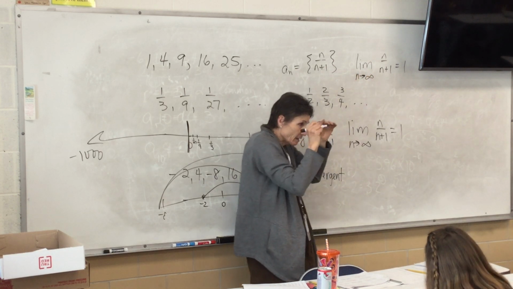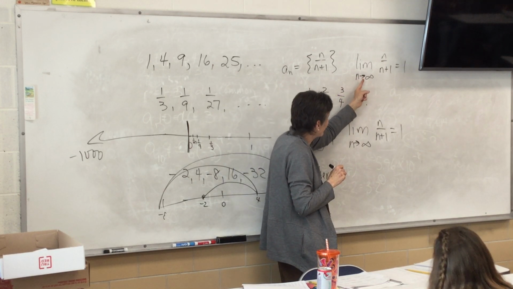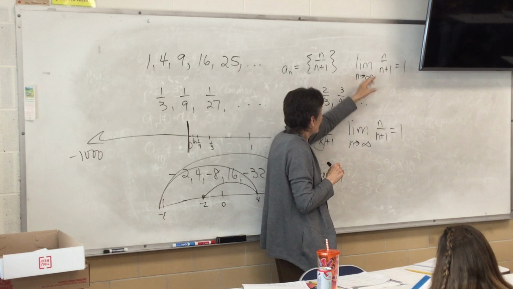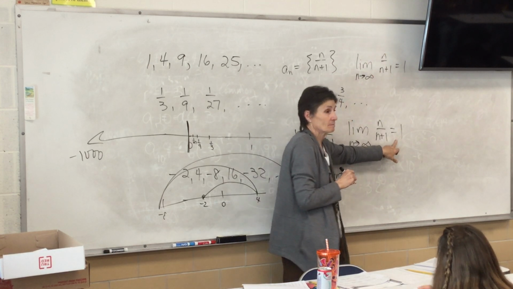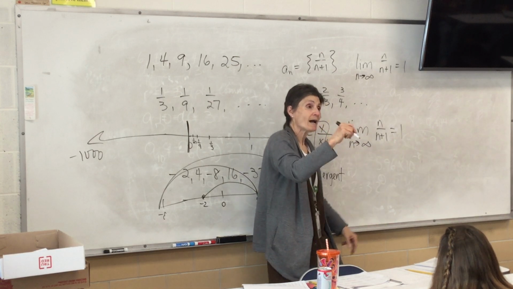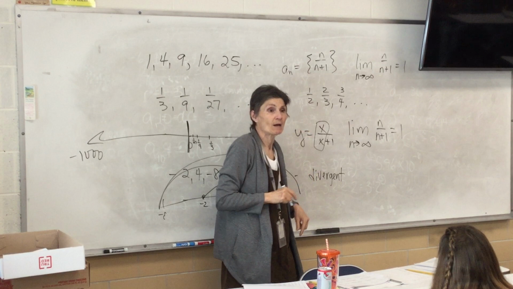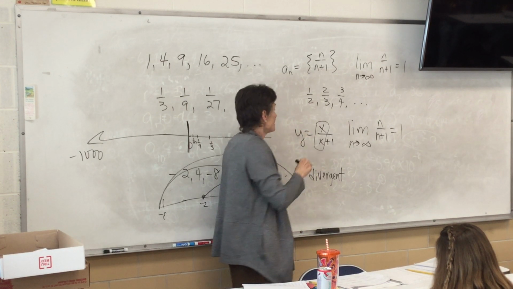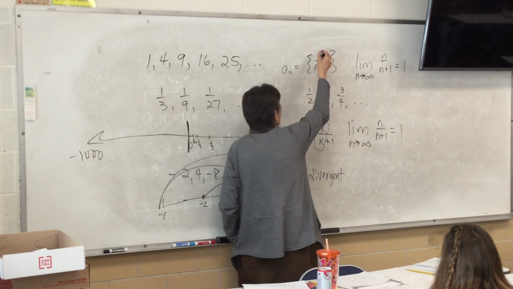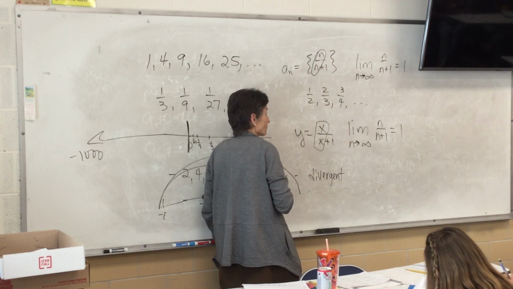Underneath the LIM, I write n approaches, that's an arrow, infinity. And then I write my problem, and then I say what it is. And you find the limit of things like this the same way you found the horizontal asymptote. The horizontal asymptote is a limit. So you compare the highest powers of the variable, n over n.